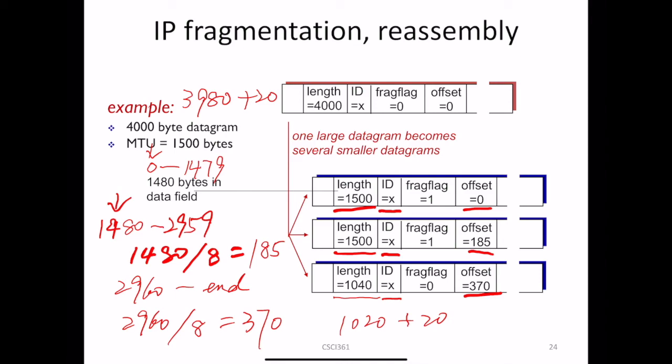Just like the first one, we know there will be a second one, and after the second one, we will have the third one. However, after the third one, the flag is equal to 0, which means this is the end of the original datagram. So that's the meaning of the flag.